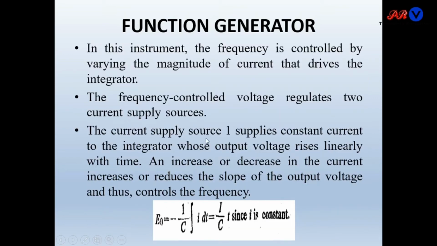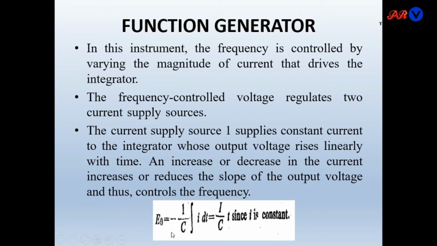The current supply source 1 supplies constant current to the integrator whose output voltage rises linearly with time. An increase or decrease in the current increases or reduces the slope of the output voltage and thus controls the frequency.